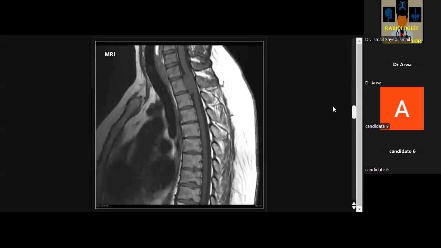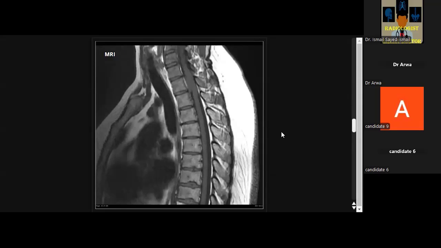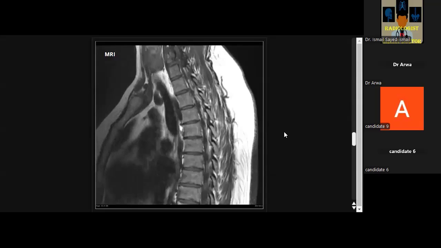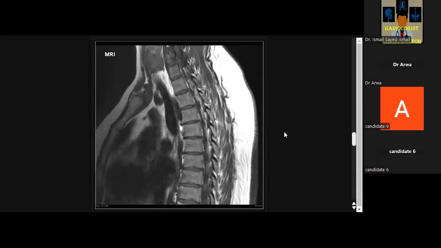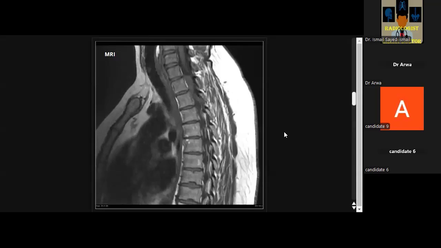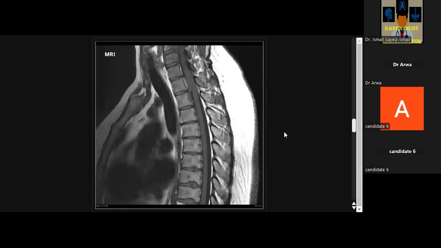I cannot definitely appreciate any other abnormal signal areas. However, there is slight waviness of the posterior contour of the spinal cord, which I will confirm on the other sequences as well. Further, I am trying to look at any major abnormality in the anterior available soft tissues.